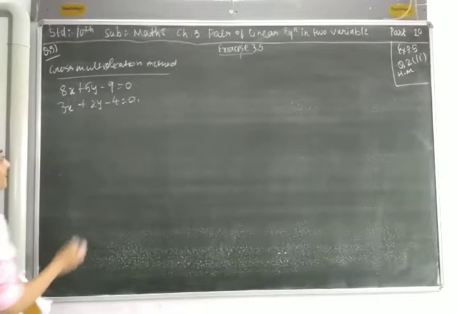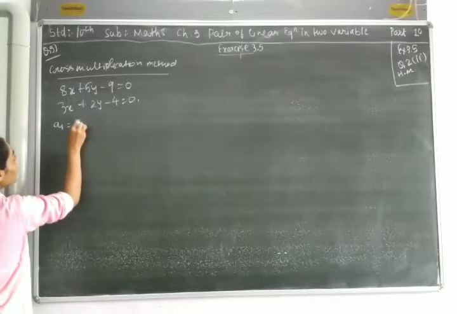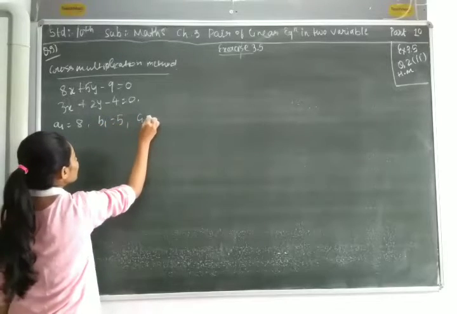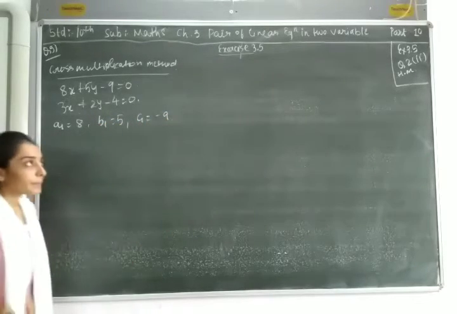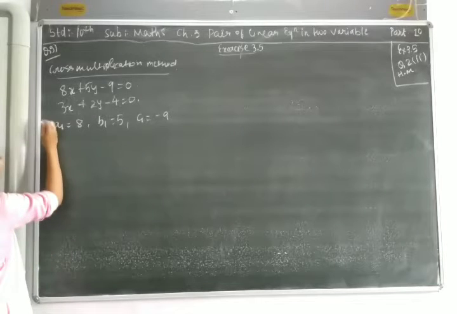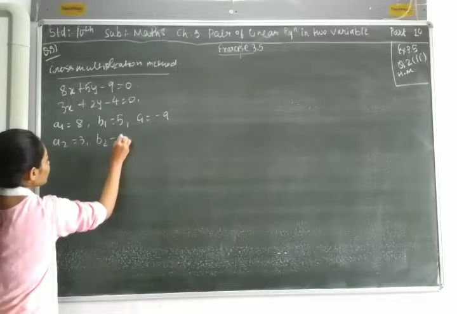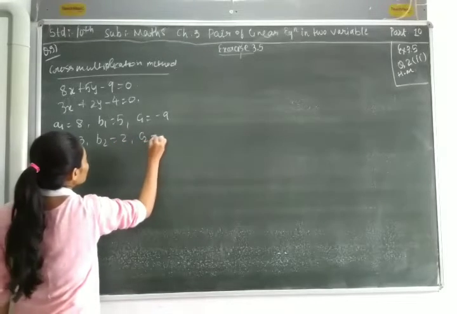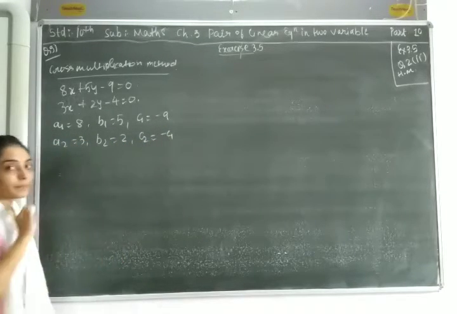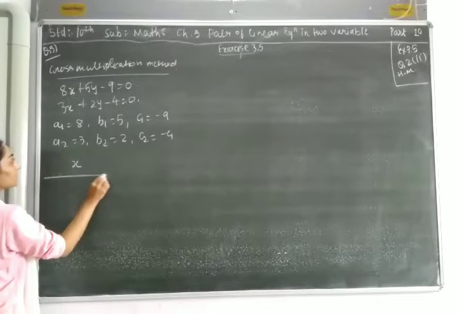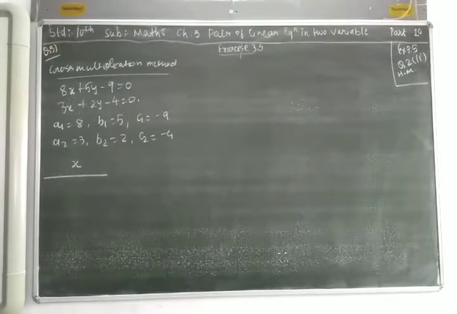Now here a1 is 8, b1 is 5 and c1 is minus 9. Now a2 is 3, b2 is 2 and c2 is minus 4.